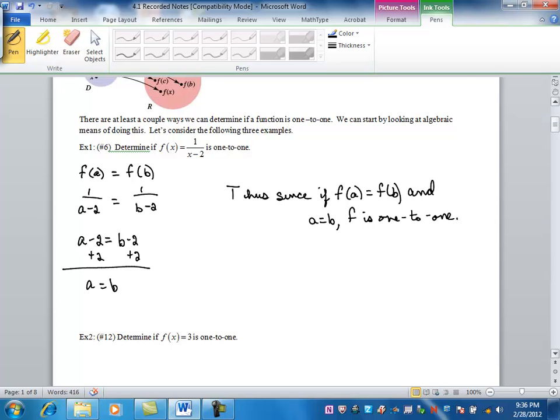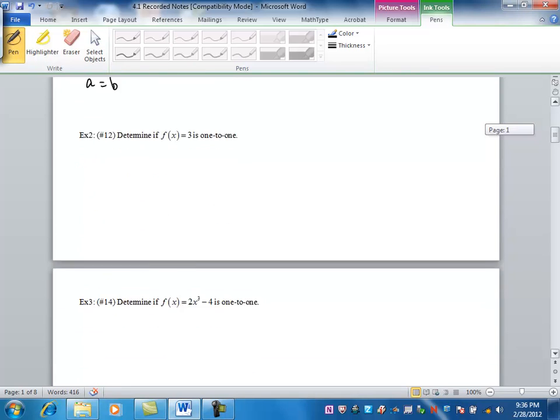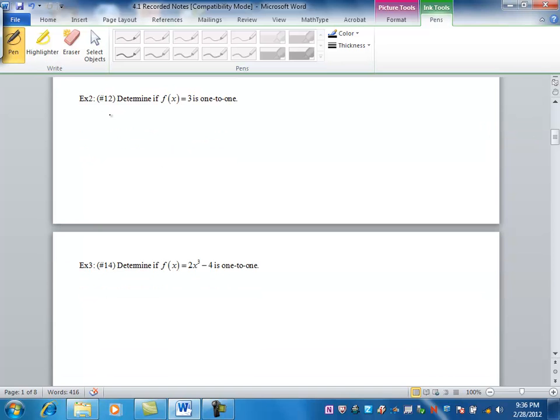Alright, now we want to see if f of x equals 3 is a one-to-one function. So again, let's consider f of a. Now f of a in this case is going to be 3. And let's consider f of b. F of b in this case is going to be 3. So if we let f of a equal f of b, well, 3 equals 3.